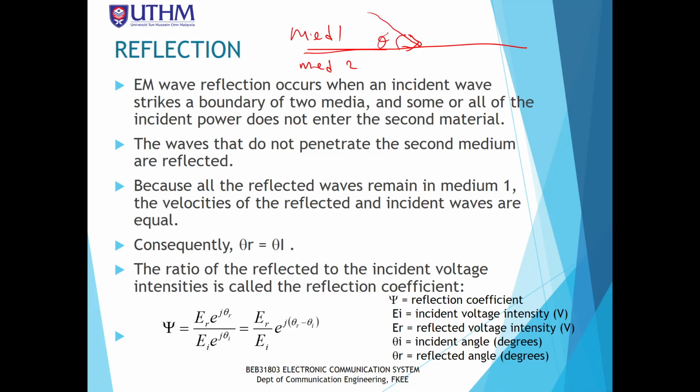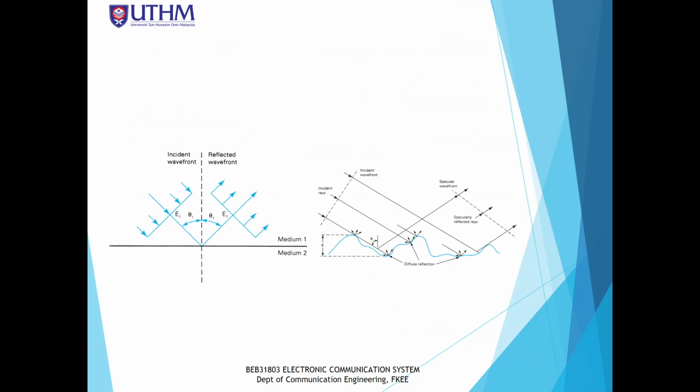What happens is that the signal will be reflected back. In this case, we are not talking about a straight line. It must be at a certain angle. And due to the difference in density, this wave will be reflected back completely. Okay, so this is a reflection.